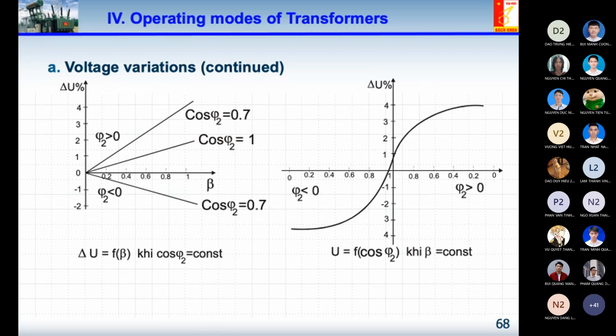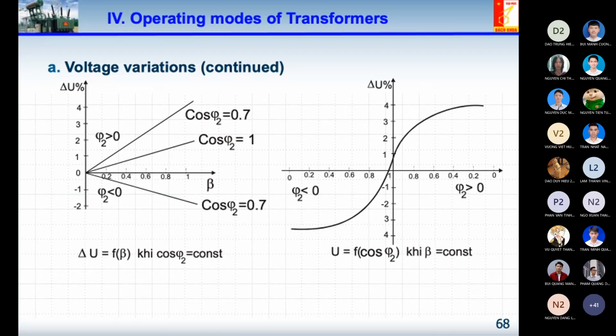And the values of beta you know already, because I have just shown you on the whiteboard. Beta is equal to I2 divided by I2 rated, where I2 is the load current.